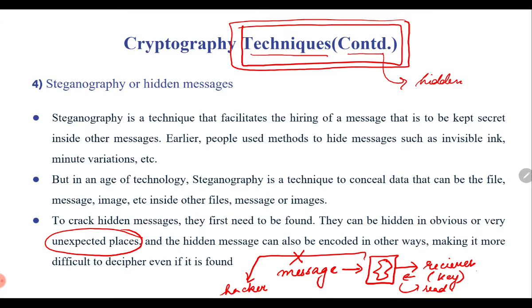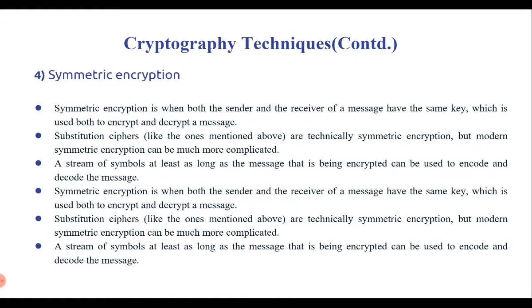That is steganography, where we are sending images or different types of messages or files hidden in some other images, or some invisible links, or minute variations, or in the form of some other representations. So steganography is basically storing all types of messages and sending them but in a hidden format.